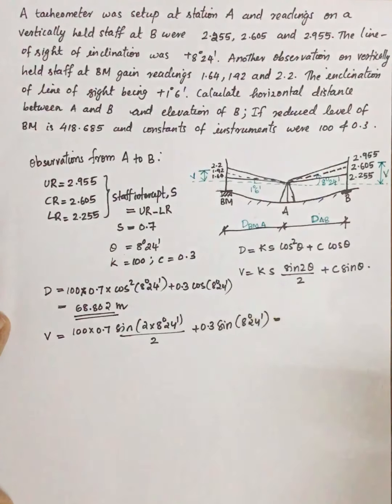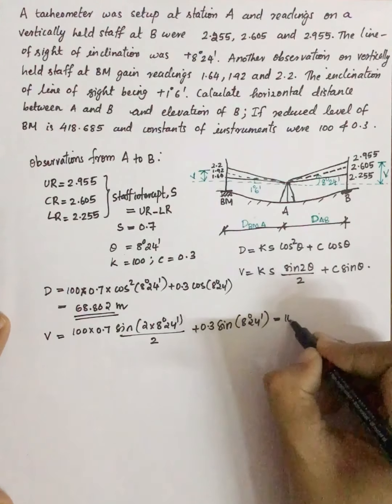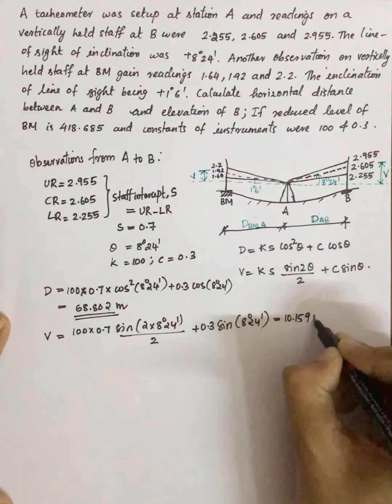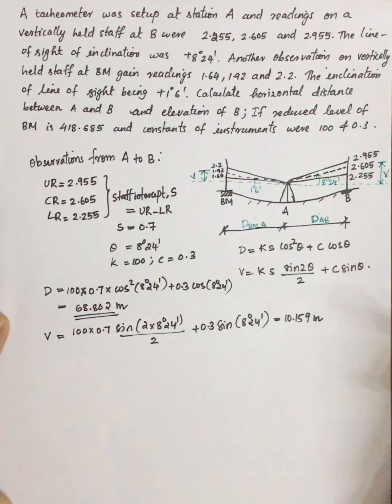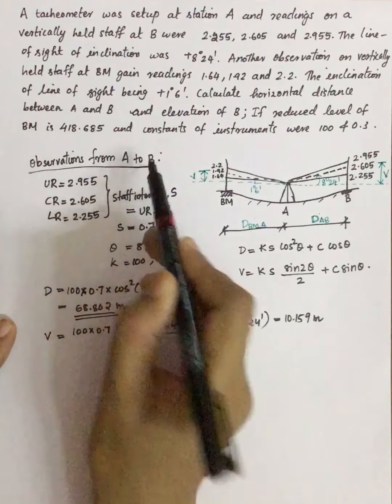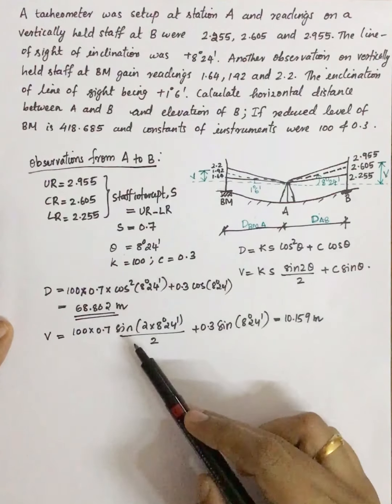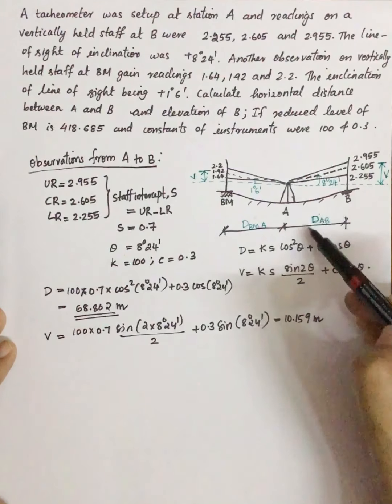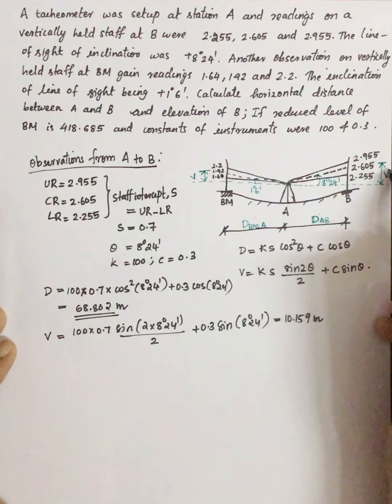You will get it as 10.159 meters. So you got, for the observation from A to B, both D and V. So that corresponds to DAB and VAB.